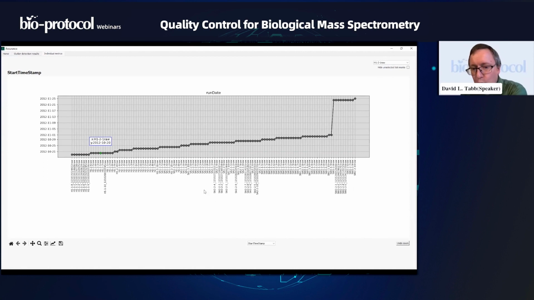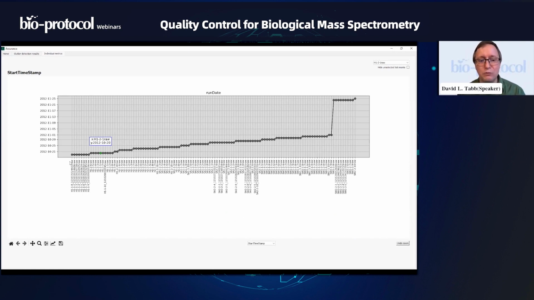But in this case, we're looking at the start timestamp, which is to say that the raw file remembers when it was actually produced by the instrument. So even though the core facility didn't tell us when the raw files were actually run on the instrument, we're able to look inside the raw files and find out.